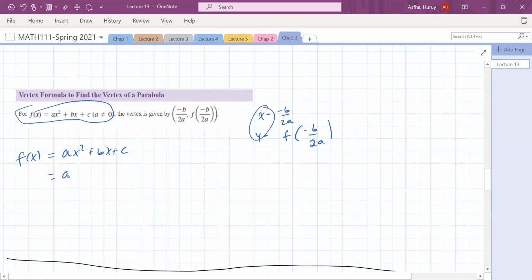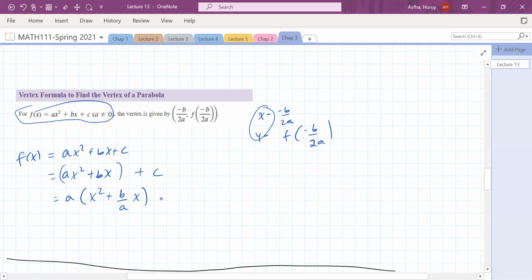So this becomes ax squared plus bx plus c. Now factor out a, then x squared, and this becomes b over a times x.